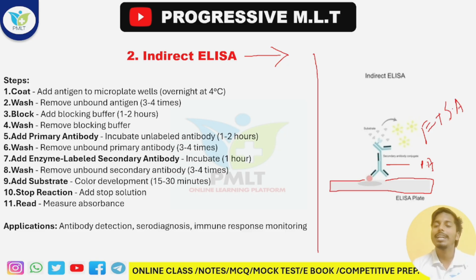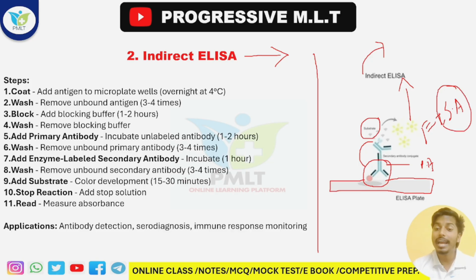This secondary antibody treats the antigen-antibody complex as an antigen, so the secondary antibody will react with this particular complex. After that, you have to add the substrate. This substrate will develop the color. Got it. Please keep in mind the basic difference in the indirect ELISA: the secondary antibody is not directly connected with the antigen.